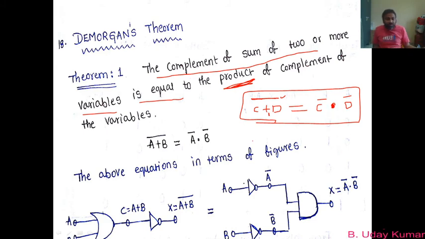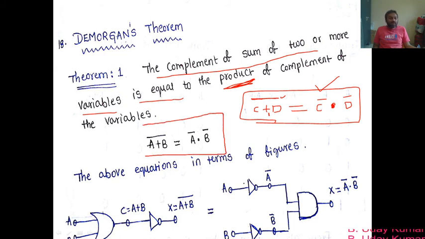So if I have taken the variables as C and D, we are getting De Morgan's first theorem by this formula, right? Mathematical expression. If you take the variables as A and B, De Morgan's first theorem mathematically can be written as A plus B bar is equal to A bar dot B bar. So this is what we have to prove. So this is De Morgan's first theorem.